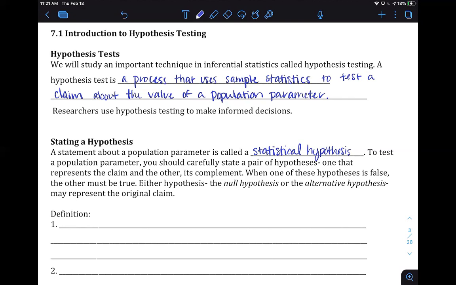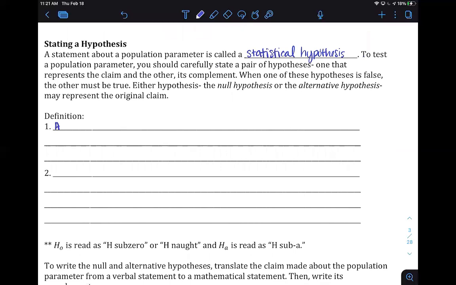So by definition, a null hypothesis, and we use H subscript 0, is a statistical hypothesis that contains a statement of equality.